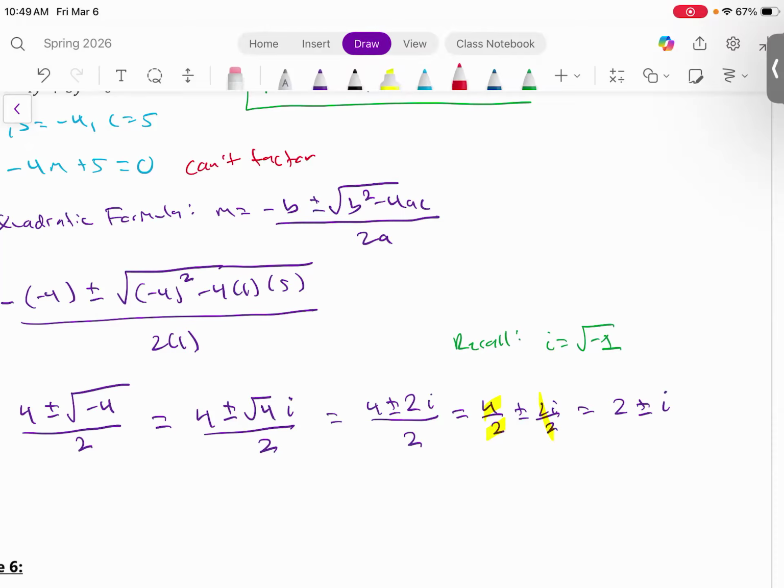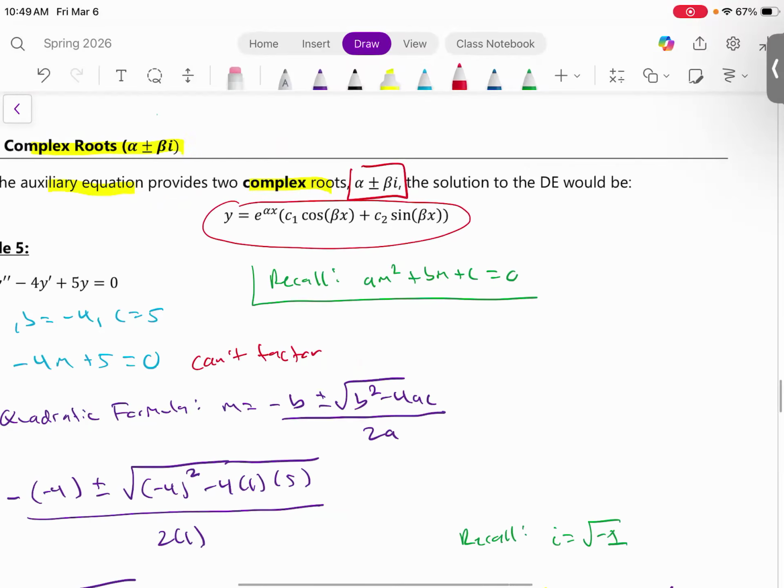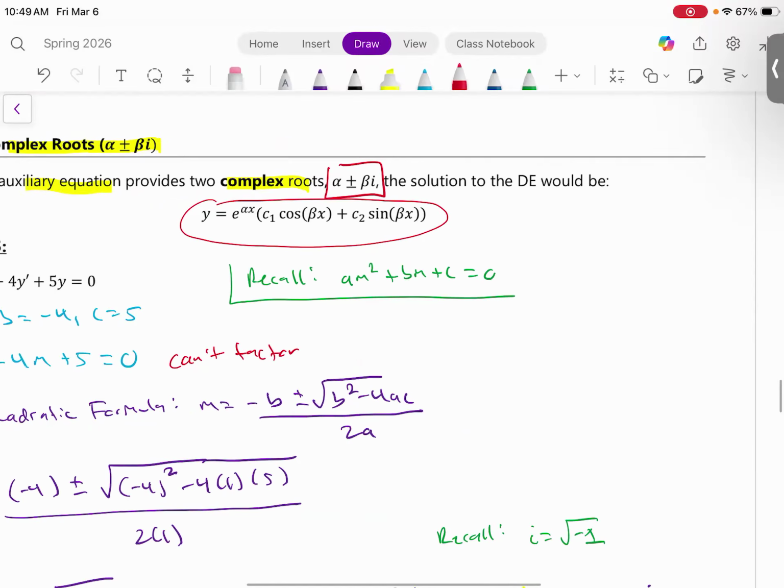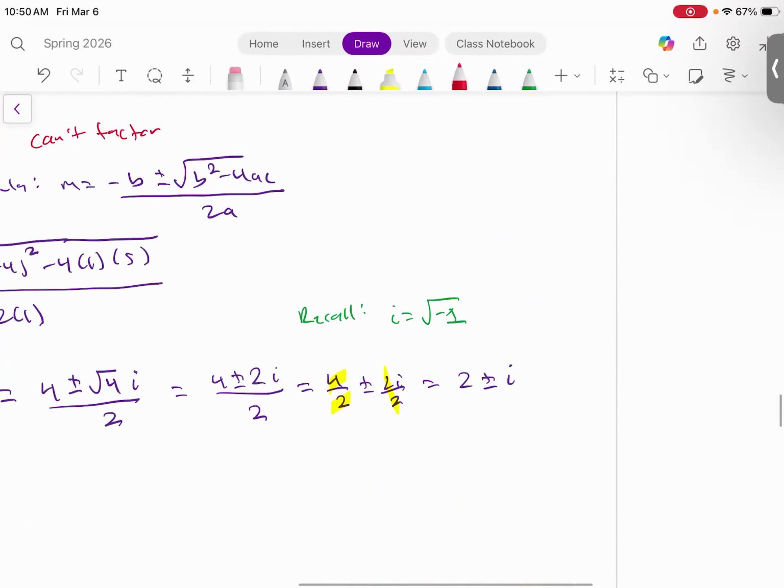If you recall from up above, roots are of the form alpha plus or minus beta i. So 2 is my alpha, and there's an invisible 1 right here that would be my beta. Beta wouldn't be i, it would be the constant attached to the i.